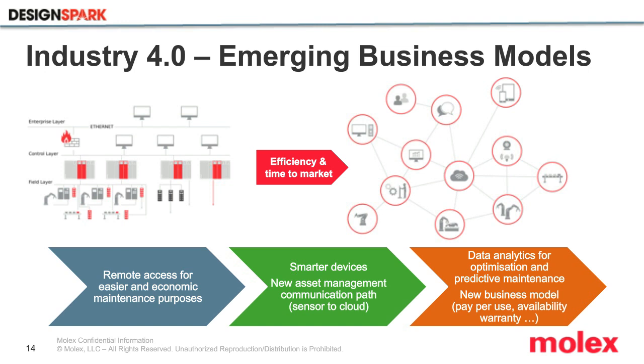These new asset management communication paths will allow new services which will drive the business model of the future. For example, with the new data collected, data analytics can discover patterns in the data, driving the optimization of the production quality, the resource usage, and the equipment maintenance.